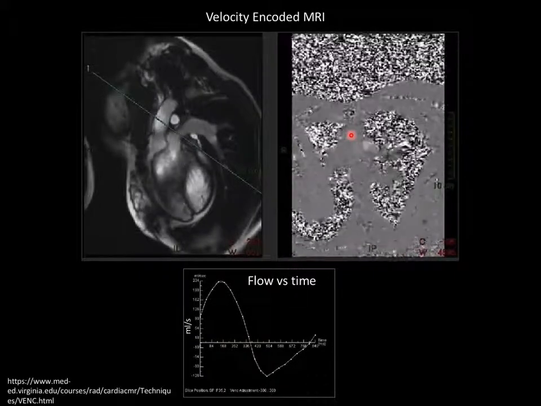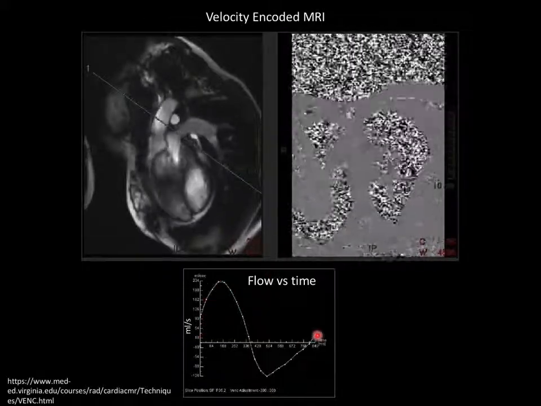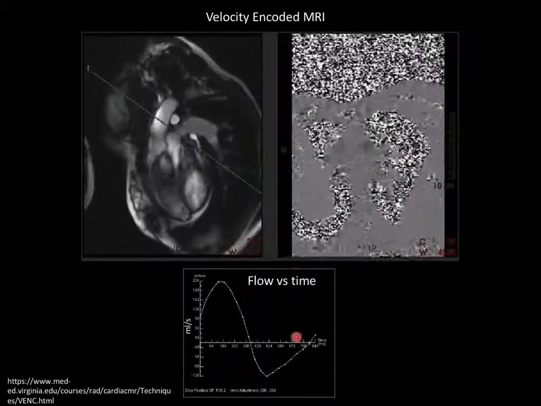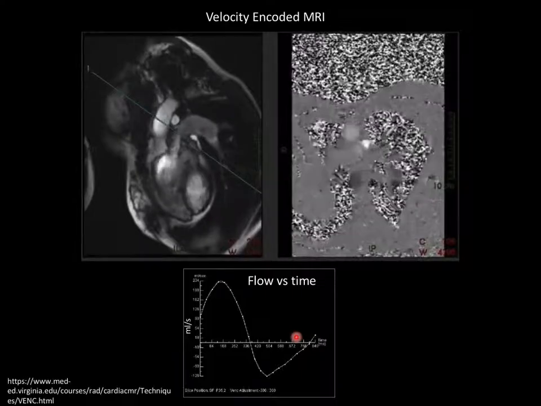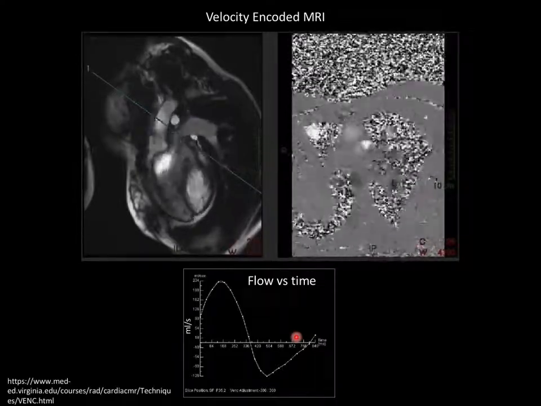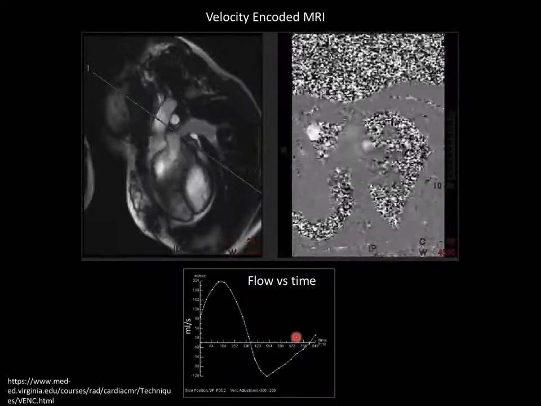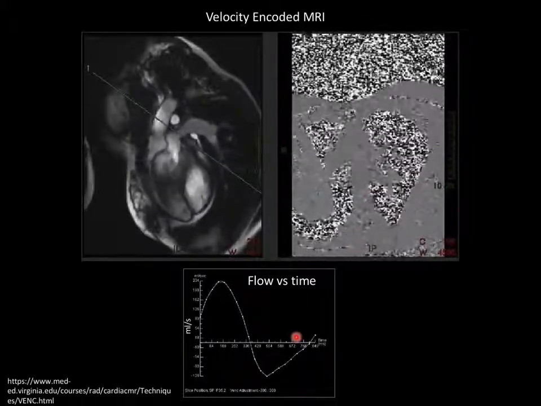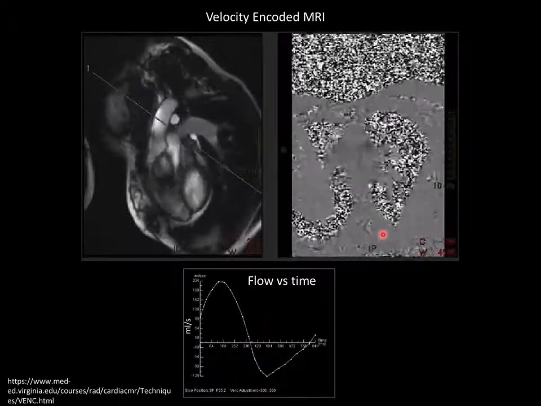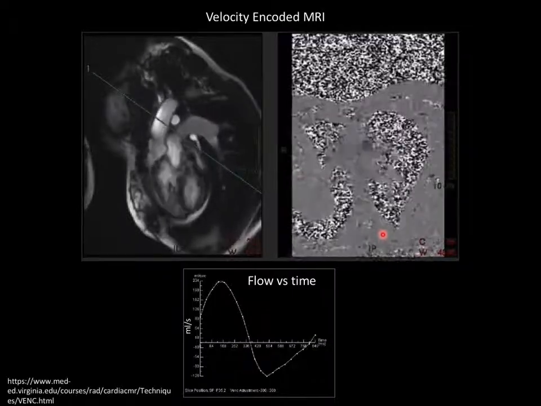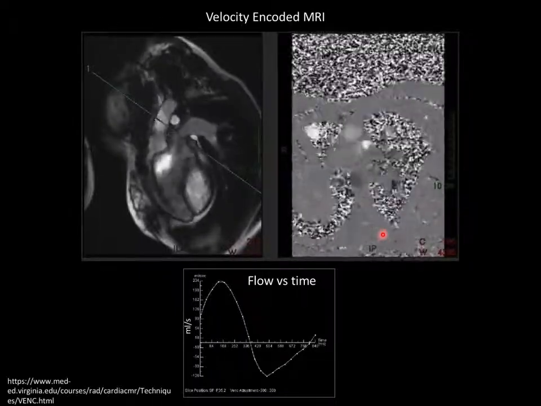So you can put a cursor on here and measure the velocity as a function of time for those spins. Now remember, this isn't done like echo, where we have Doppler shifts giving us this type of velocity in real time as we have the transducer on the patient. Just like any other MR image, we have to do repeated heartbeats here and put this data together to make this movie. And that usually takes about 8 to 16 to 32 heartbeats, something like that.